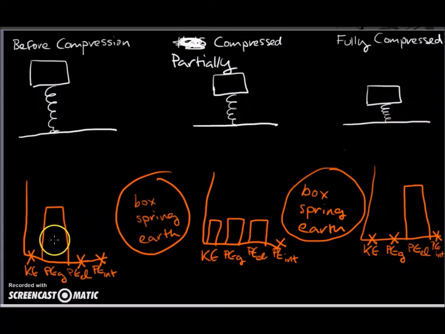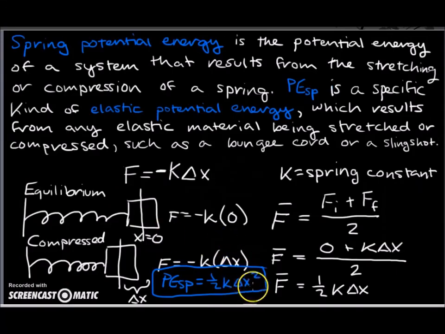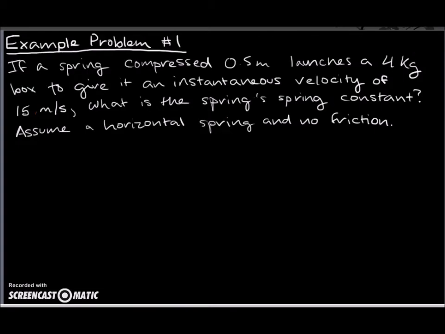And as you can see from before, during, and quote-unquote after, the elastic potential energy starts out non-existent and gets bigger as the spring gets more and more compressed, which we can relate back to our equation. As delta x gets bigger and bigger, our spring potential energy goes up. Now let's try out an example problem.